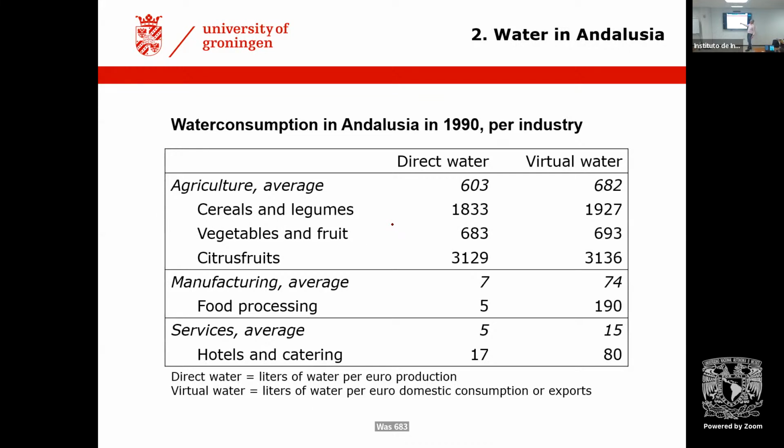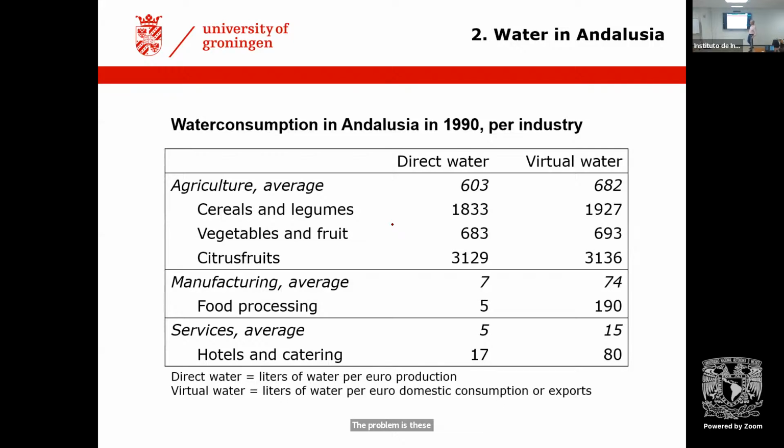But observe that citrus fruits, lemons, oranges that are grown in Andalusia, are very, very water intensive. A lot of the manufacturing industries are not very water intensive. Food processing, hardly any water is involved. Services, hardly any water is involved. A little bit in hotels and catering. And the problem is these tourists, they all want to take a shower every day.